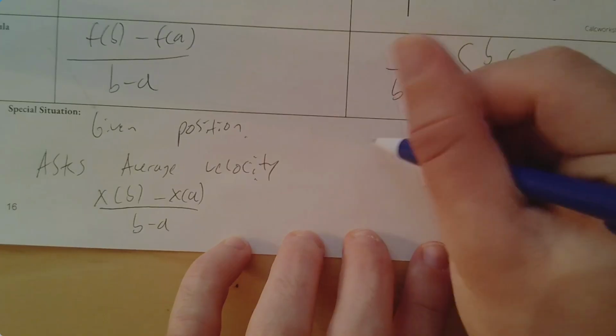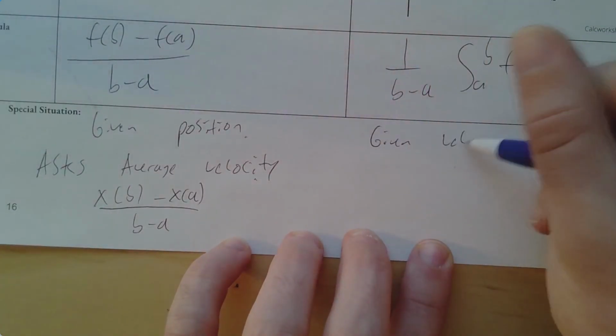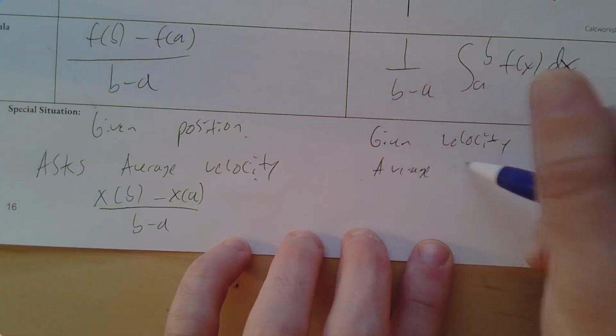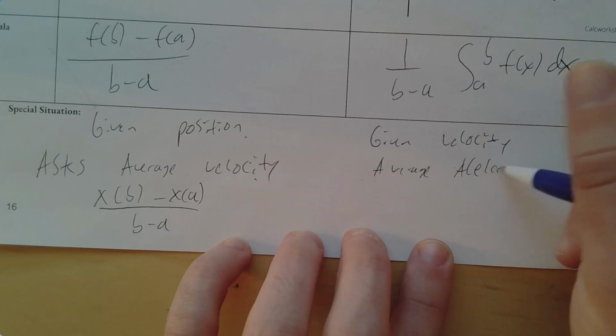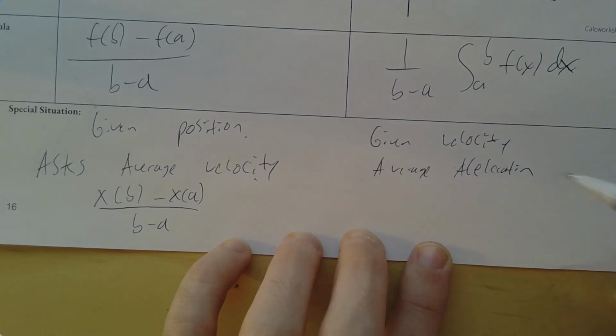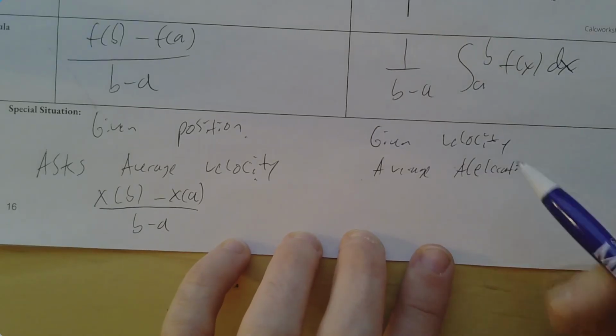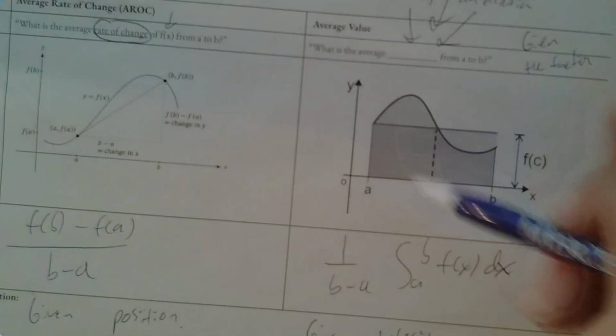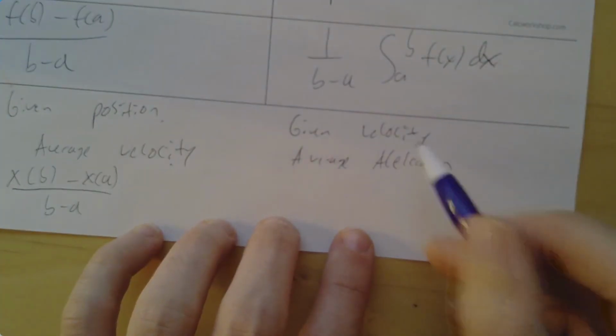The other one is if you're given velocity and it asks for average acceleration. Again, if you want average acceleration, you have to know the acceleration to do that. So you could take the derivative of velocity and do this formula on that, because the derivative of velocity is acceleration.